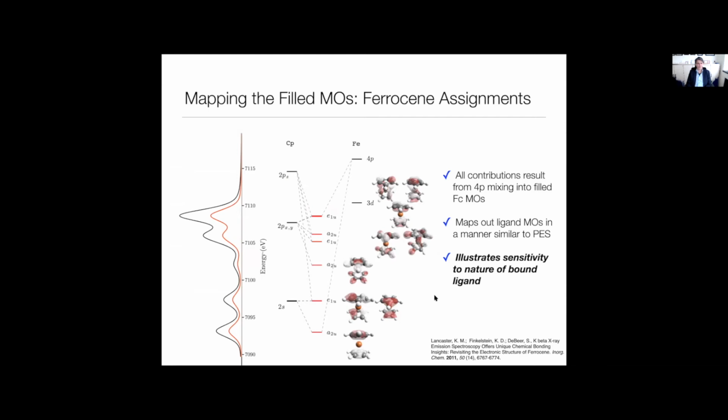And so in those cases where multiplet effects aren't very prominent, which is the case for most closed shell molecules, for example, one can make a one-to-one correspondence between the molecular orbital scheme and the valence to core spectra, as Serena, together with her then postdoc Kyle Lancaster and Ken Finkelstein, have demonstrated in this very nice paper where they have basically shown that the X-ray emission spectrum of ferrocene beautifully maps onto the molecular orbital scheme of ferrocene, and of course experiment and calculation again are in beautiful agreement.